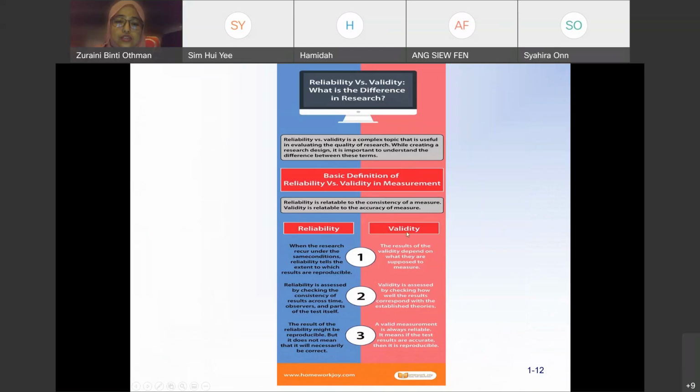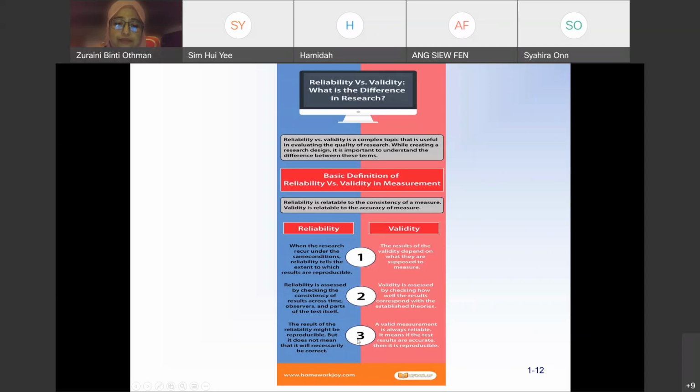Then validity depends on what the test is supposed to measure. Number 2: in one research, reliability is assessed by checking the consistency of results across time, observers, and parts of the test itself. And validity is assessed by checking how well the results correspond with established theories.